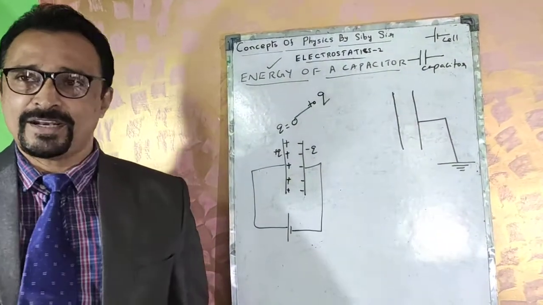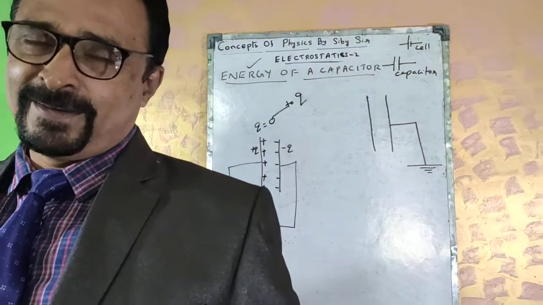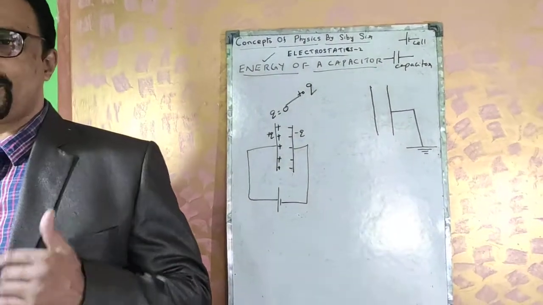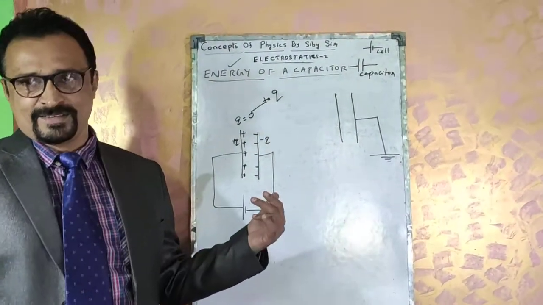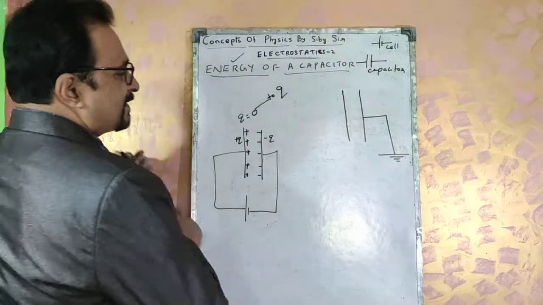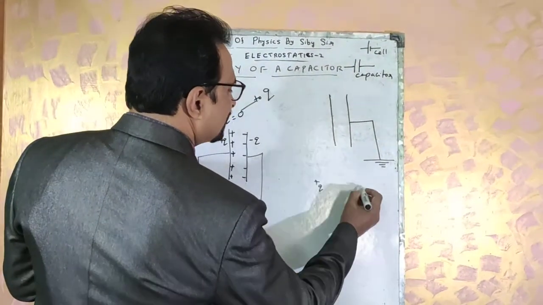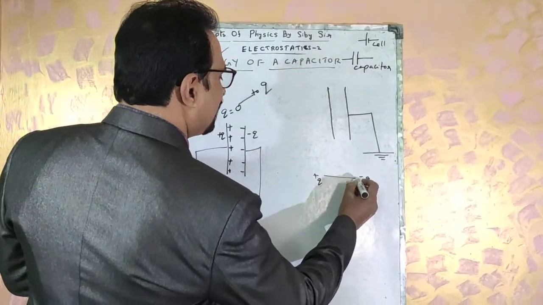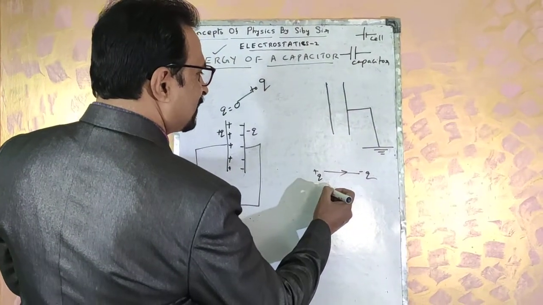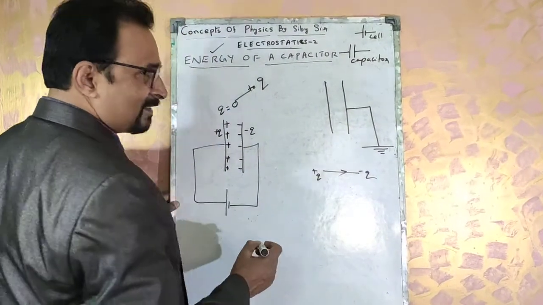Now energy, you know there are different forms of energy. Now the question is, what form of energy is there for a charged capacitor? You know, from plus charge to minus charge, what is there? There are electric field lines, right? Or electric field is existing.